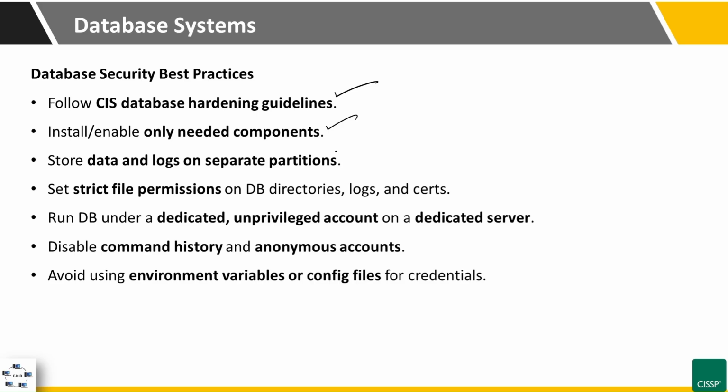Store data and logs on separate partitions. Set strict file permissions on the database directory, logs, and certificates. Run the database under a dedicated unprivileged account on a dedicated server. Disable command history and anonymous accounts. And avoid using environment variables or config files for credentials.